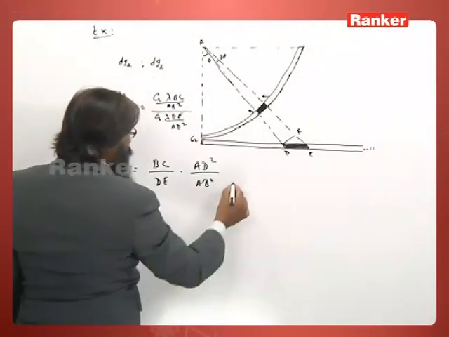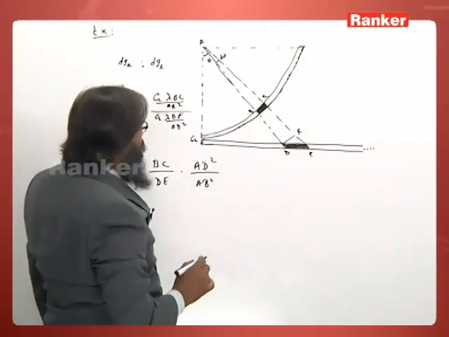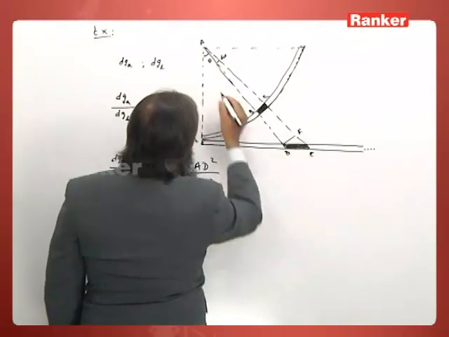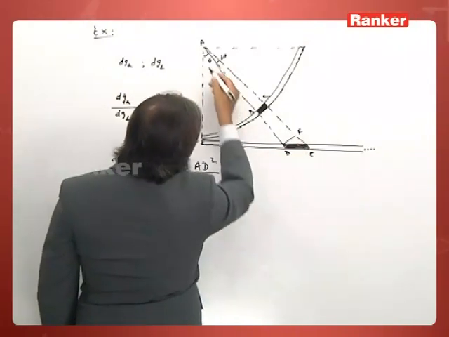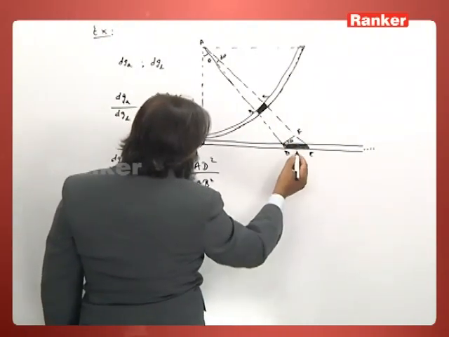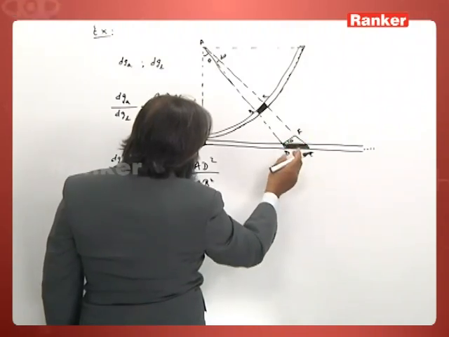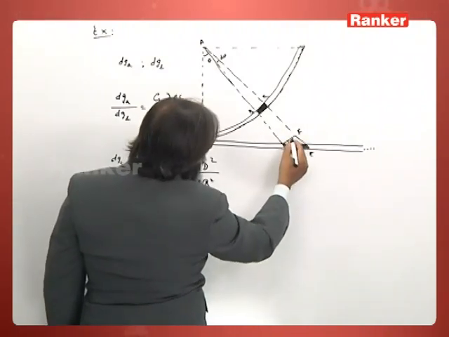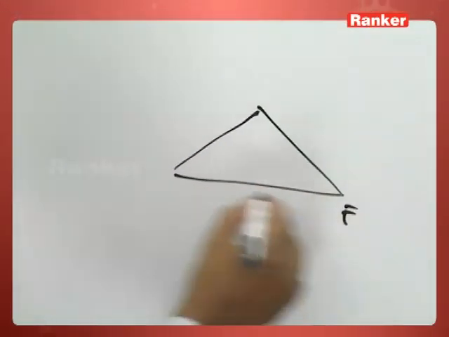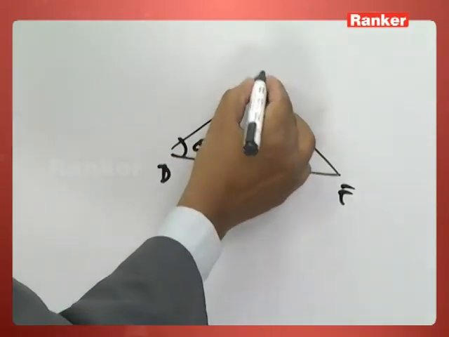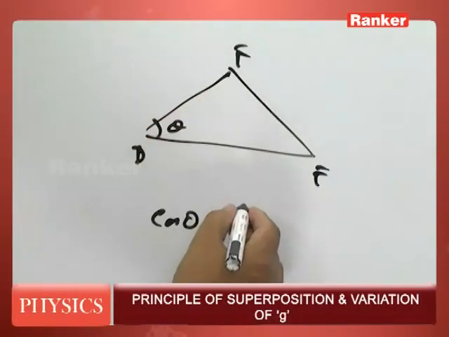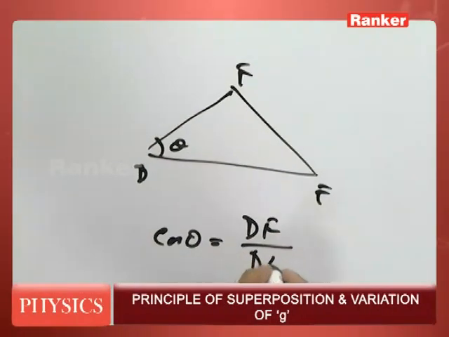So BC is okay. DE, can we write DE as this angle is theta? So this is 90 minus theta. So this is theta. So DE can be written as, from this triangle you just see this triangle DE, this is E and D, this angle is theta and this is F. So cos theta will be written as DF by DE.